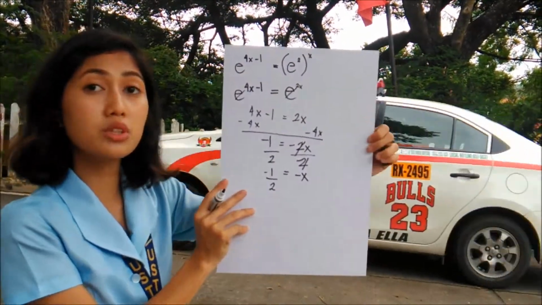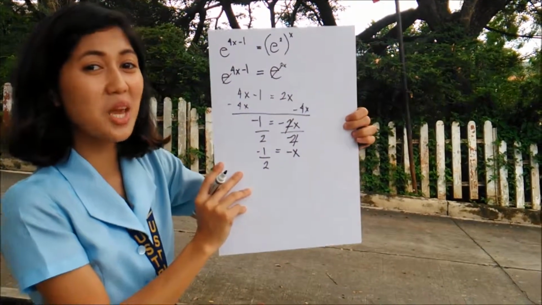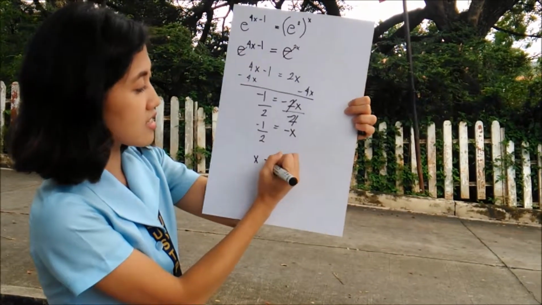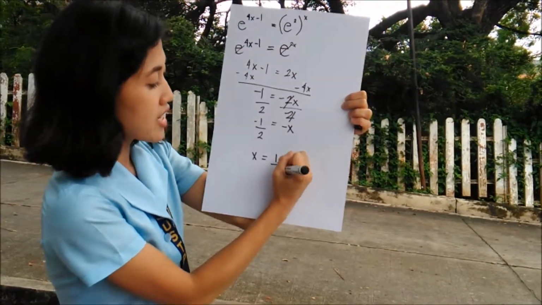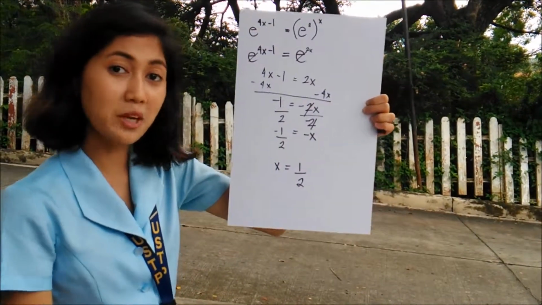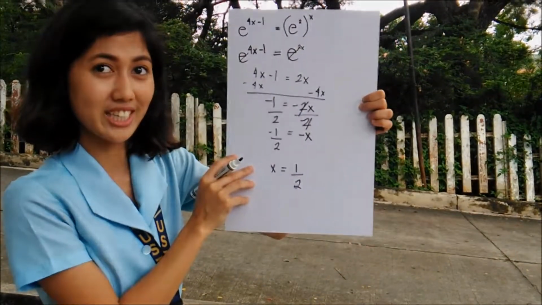Now we need to multiply everything by negative 1 to get a positive x variable. So we are going to have x is equal to 1/2, since both sides multiplied by a negative 1 are going to both be positive. And there you have it, everyone. We just explained to you how to solve exponential equations with like bases.